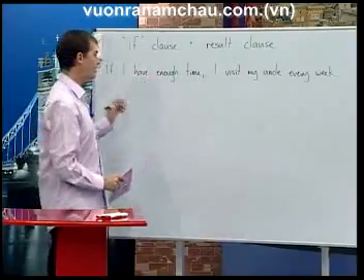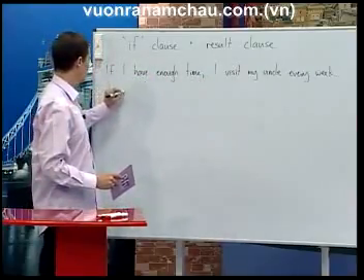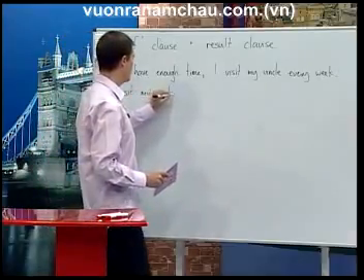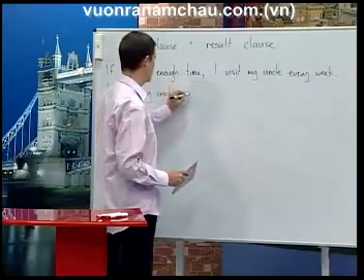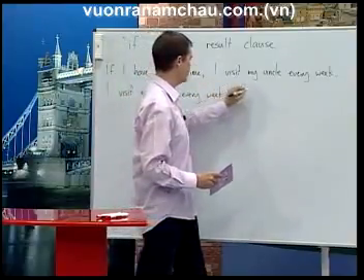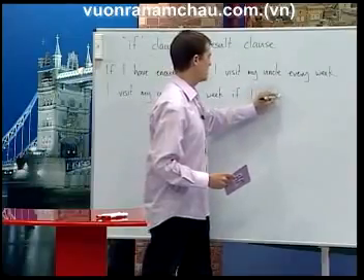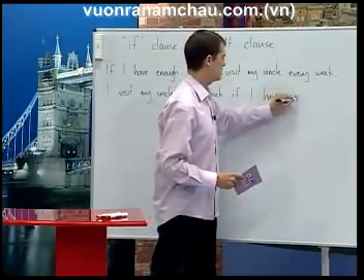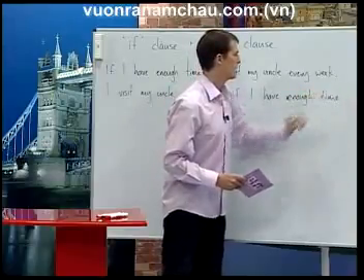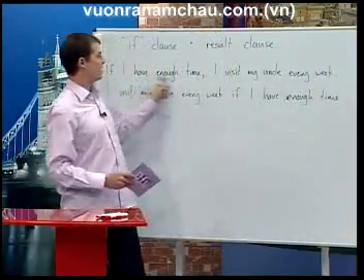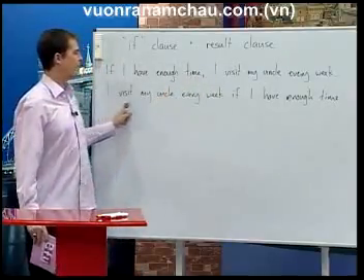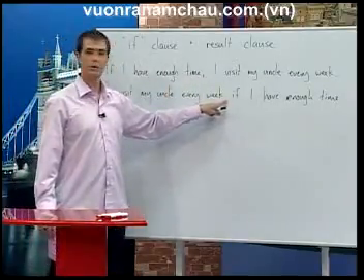If we have it the other way around, I visit my uncle every week if I have enough time. If I have enough time, comma, I visit my uncle every week. I visit my uncle every week if I have enough time, no comma.